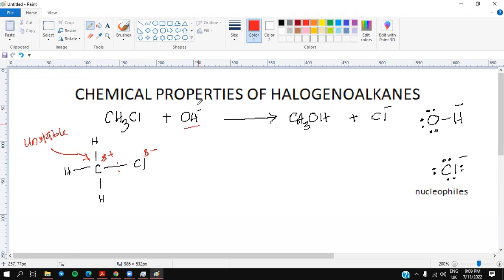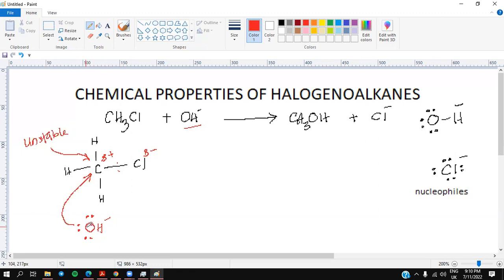Therefore, in the medium, if you have OH minus, I said OH minus is a nucleophile. Because the carbon which is unstable in the chloromethane molecule needs electrons, this OH negative can give a pair of electrons to carbon.